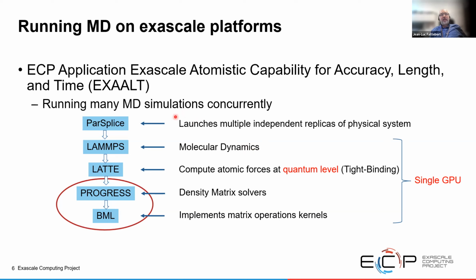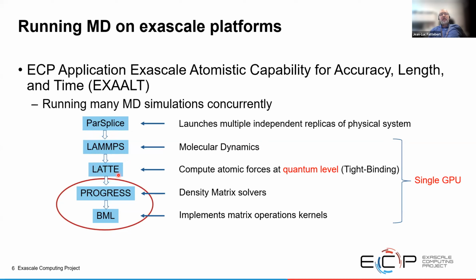And the way this is used is you essentially launch multiple independent replicas of the system that run MD, molecular dynamics, with different initial conditions or different temperature or different parameters. And on each GPU, you're going to run one single instance of a molecular dynamics. And the way it's done in this context is by having the ensemble type simulation code ParSplice calling LAMMPS, the molecular dynamics code, to run the MD.